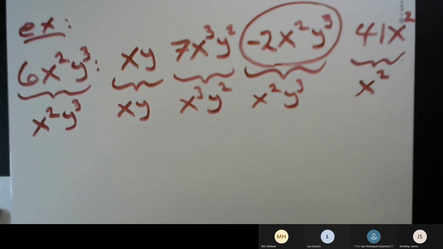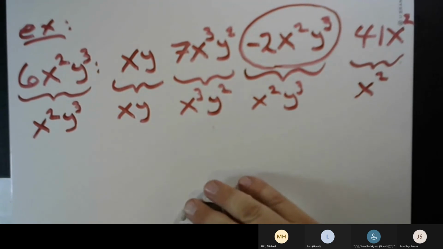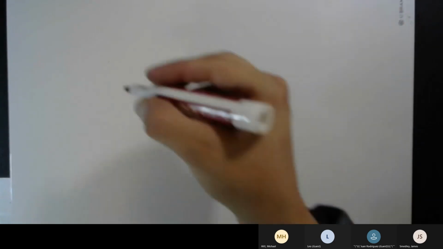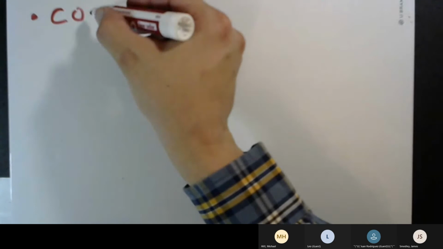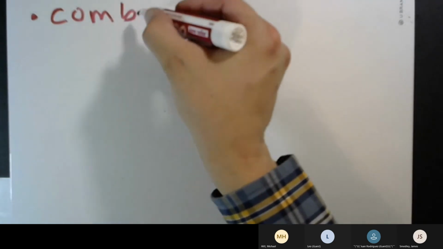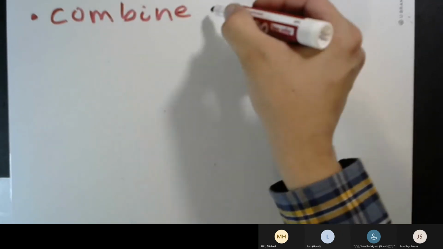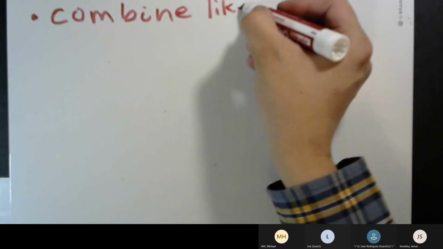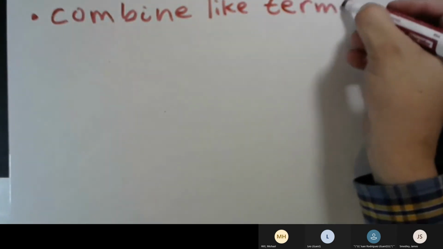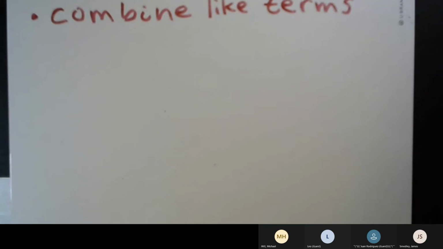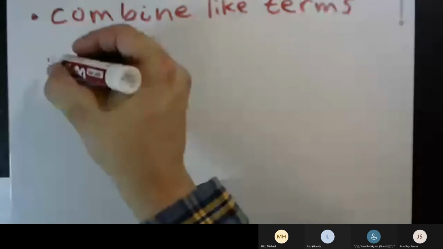So the last thing to mention, this is the last thing I'll mention tonight. Once we're okay identifying like terms, and it takes practice, we can combine them. So let me do an example.